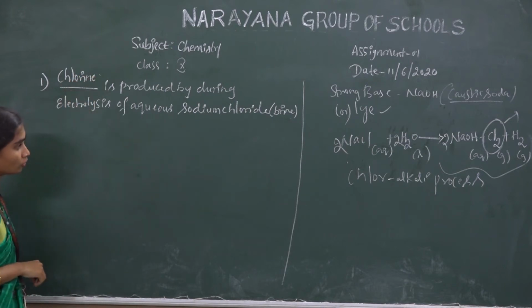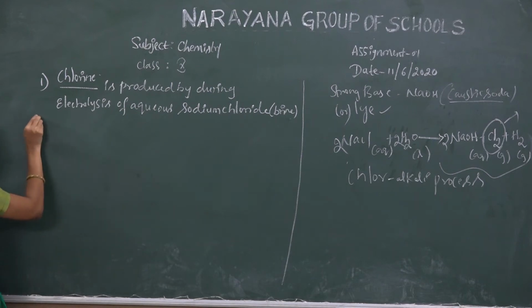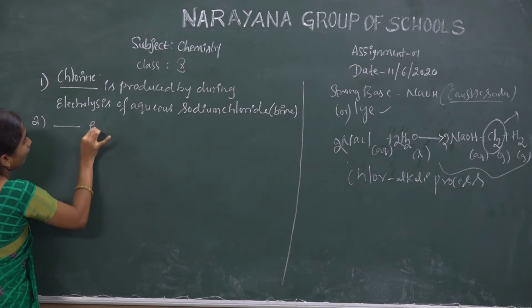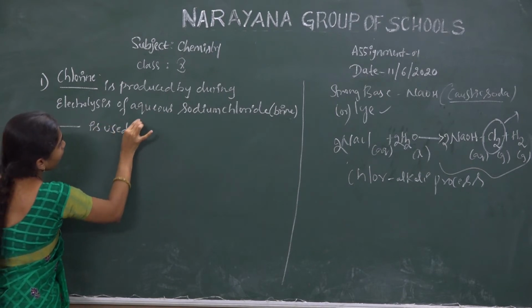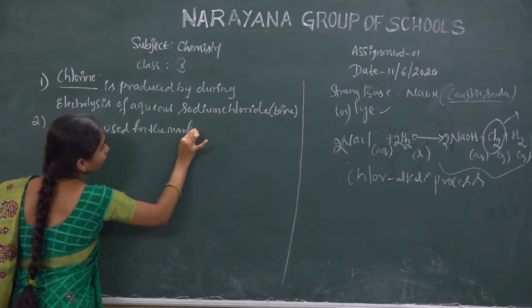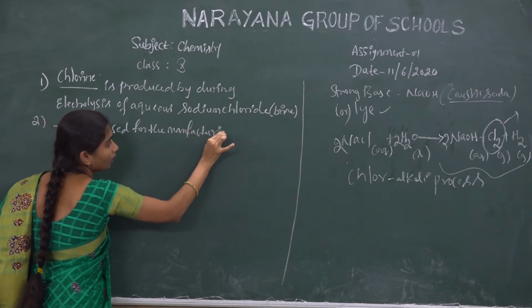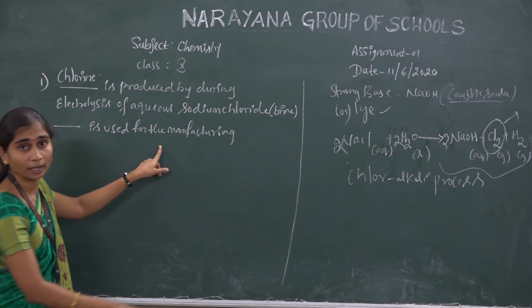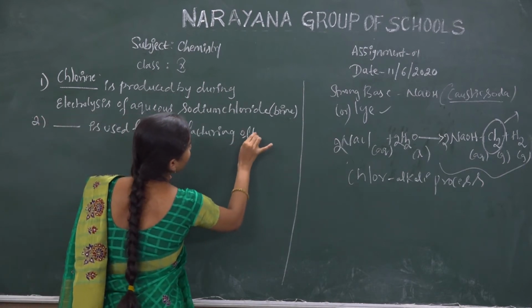Clear? So the next question: dash is used for the manufacturing of bleaching powder.